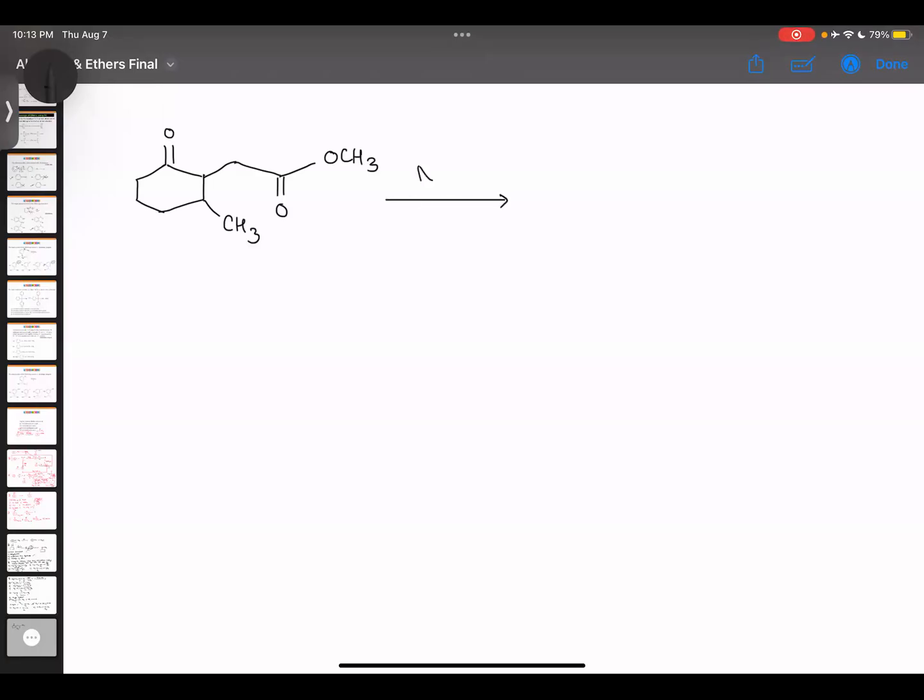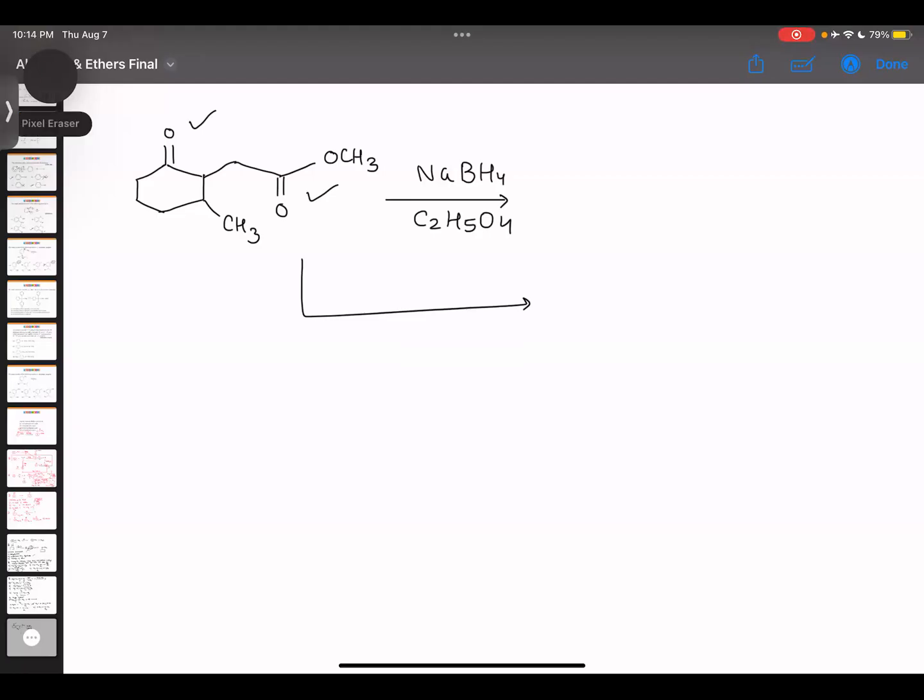So you can directly tell me what has happened with NaBH4 and C2H5OH. They have given various options. And there are two places where the reduction can happen, either on this ketone or this ester. Be careful.